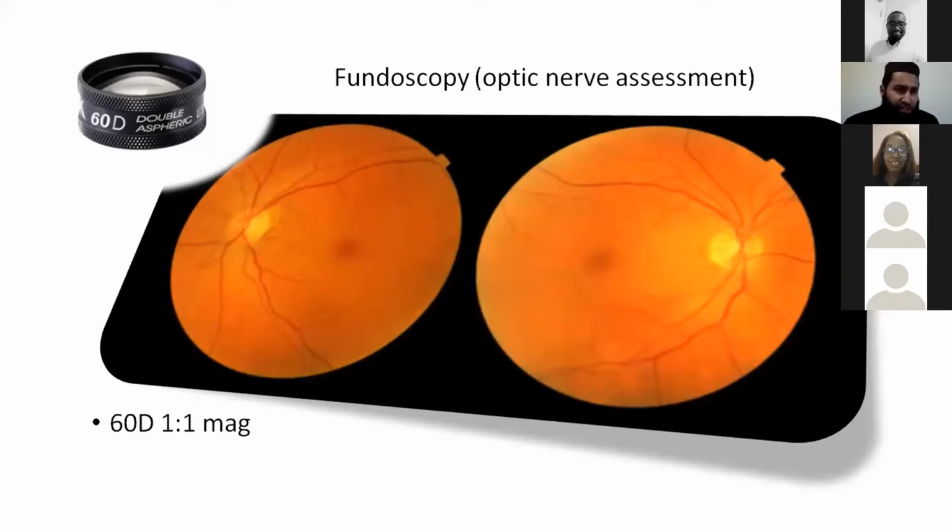Why have I got the 60D over there? Because you have 90D, you have 78D as well, and I've got 60D here. This is my preferred choice for glaucoma assessment. That's just because in Glasgow, I was with one of the consultants, a glaucoma specialist, and he mentioned to me that for glaucoma assessment, 60D is the best choice.